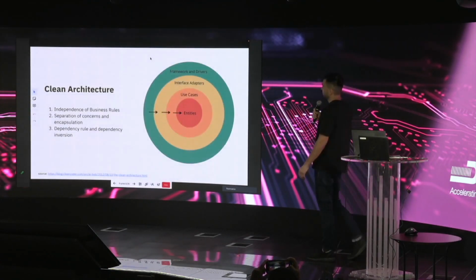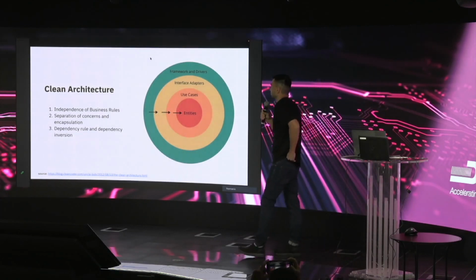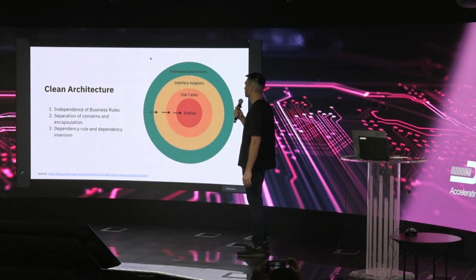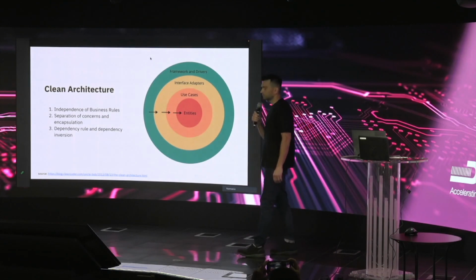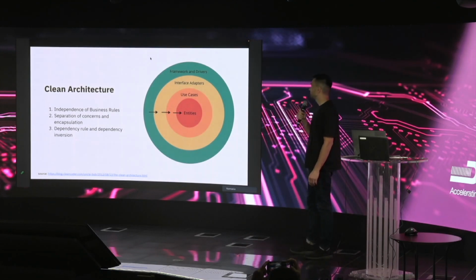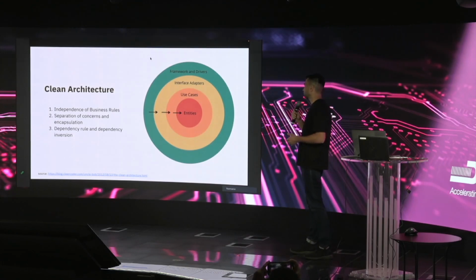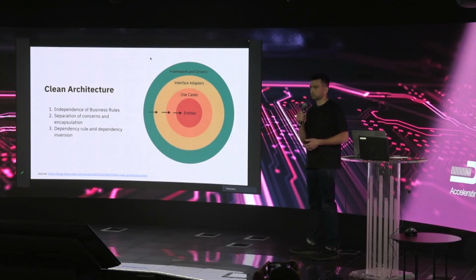The next architecture that I want to mention is called clean architecture. It's a variant of layered architecture, but here the emphasis is put on making business rules independent of frameworks.